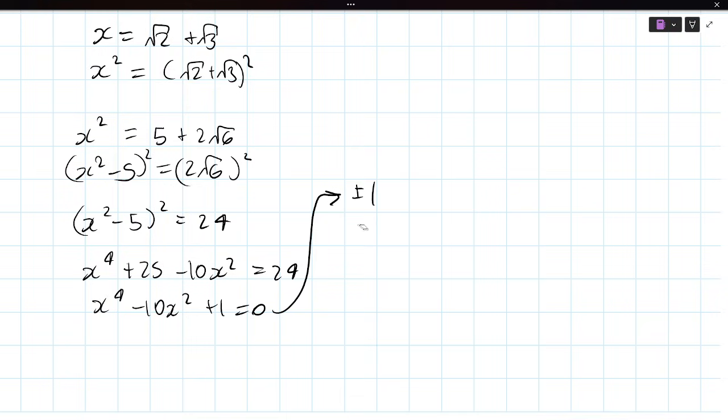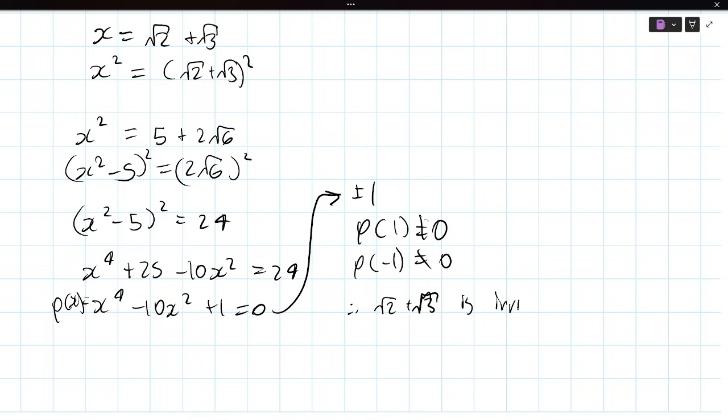Now, if I call this P of x, P of 1 is not equal to 0, and P of minus 1 is also not equal to 0. Therefore, we can conclude that root 2 plus root 3 is irrational.